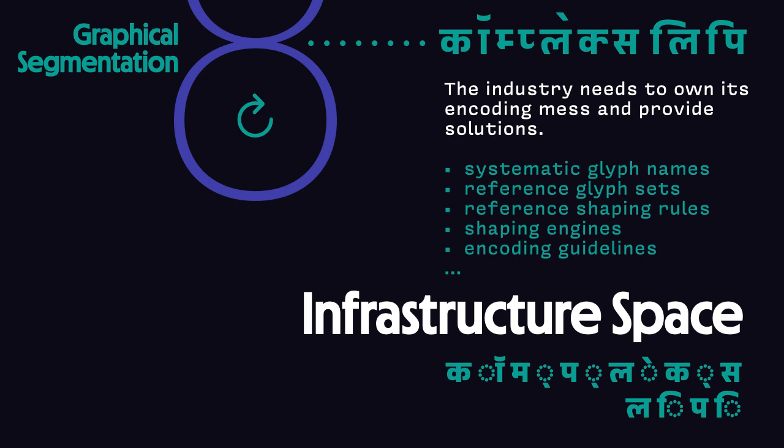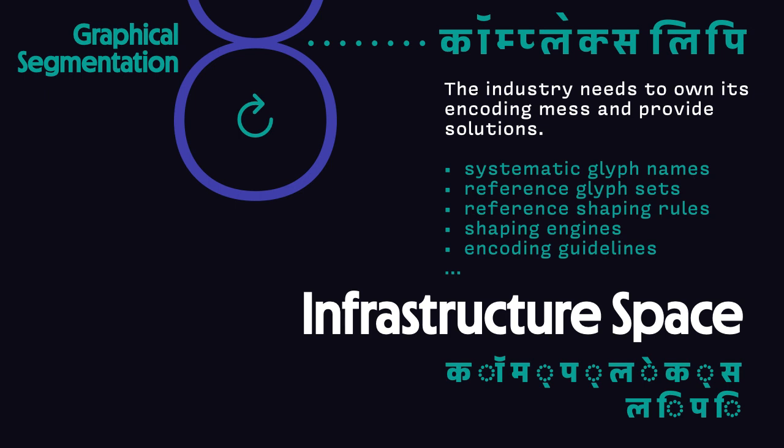Our Indic Shaping for Type Designers project, this project I'm introducing now, is a major attempt at an industry solution to address this infrastructure space problem. We try to build glyph names as strings being graphically descriptive and not under the control of those abstractly encoded characters, to name them on their own.